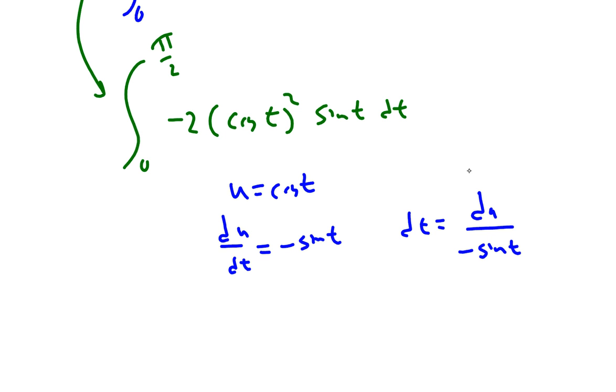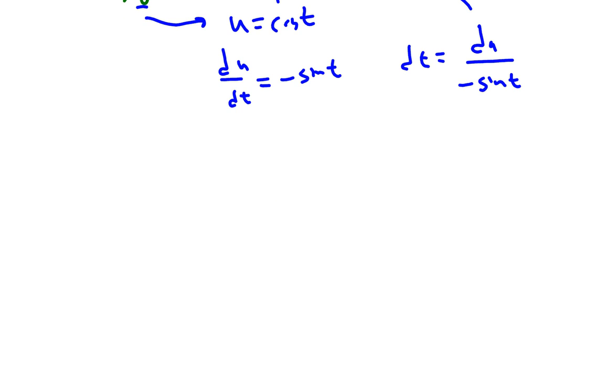So now I'm going to plug this in here, and plug that in there. I'm not going to worry about the limits of integration for now, although I could change them if I wanted to. I could plug the 0 in here for t and do math like that. I'm going to just do this and I'll plug it in at the end.